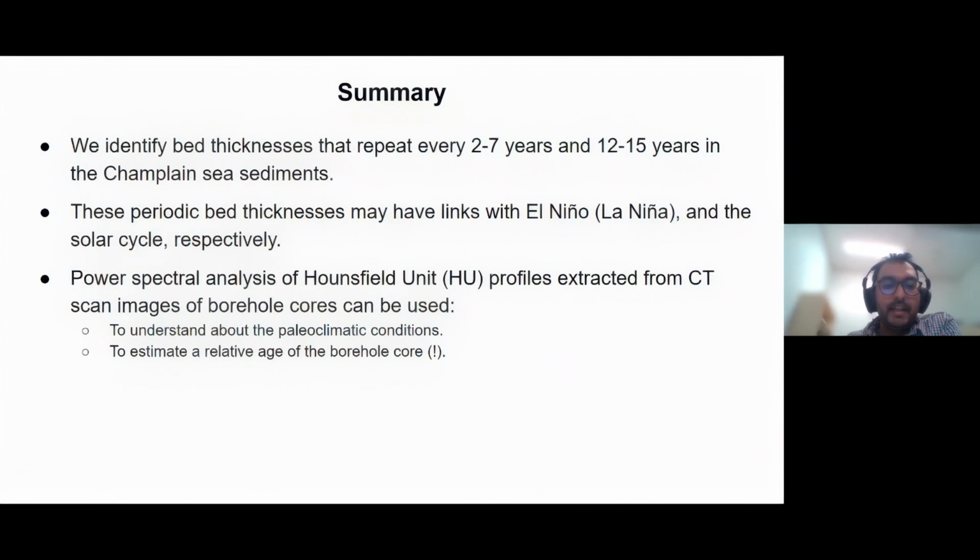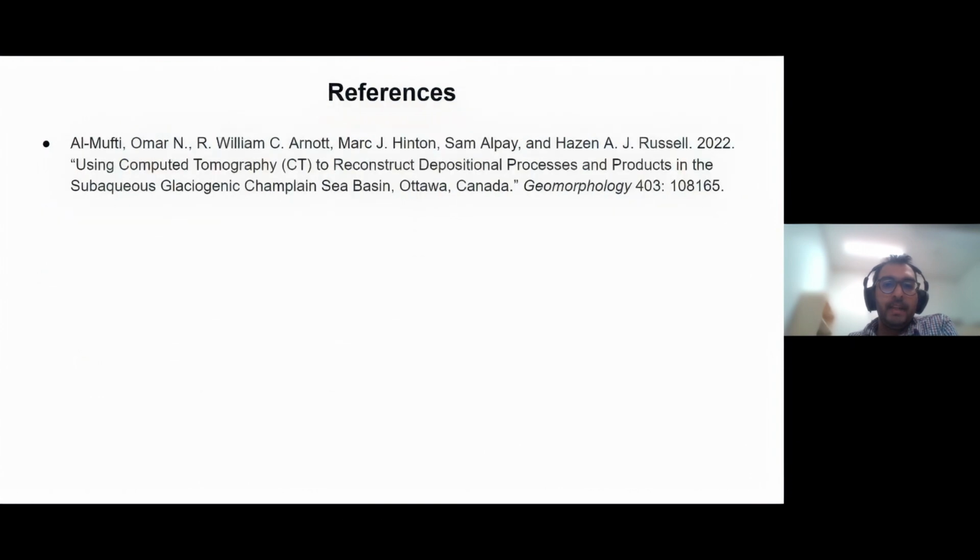And we can use power spectral analysis of Hounsfield unit profiles extracted from CT scan images in two ways. Firstly, to understand the paleoclimatic conditions by manually picking the bed thicknesses, and also to estimate relative age for the borehole core. Yeah, that's it from me, and thank you very much.